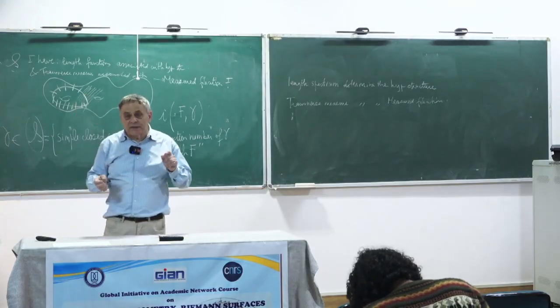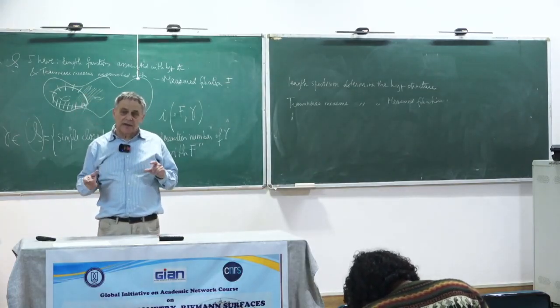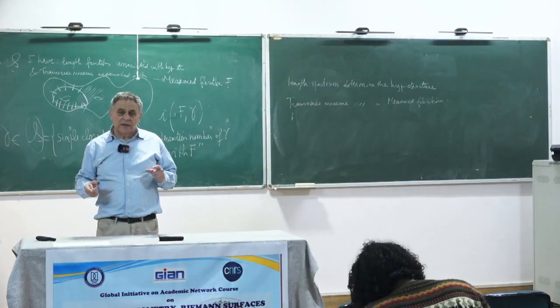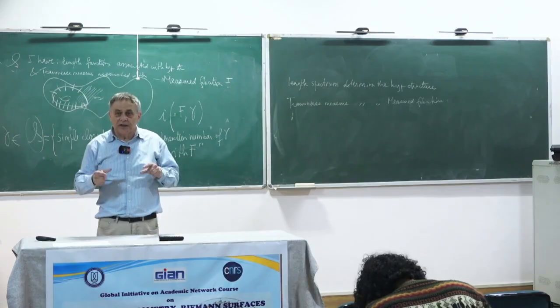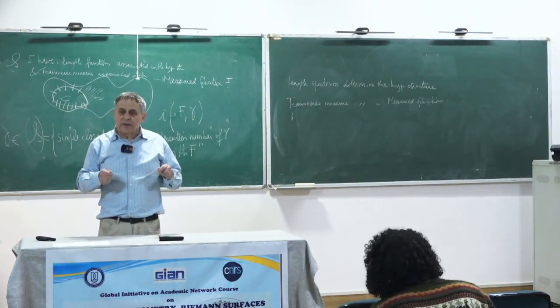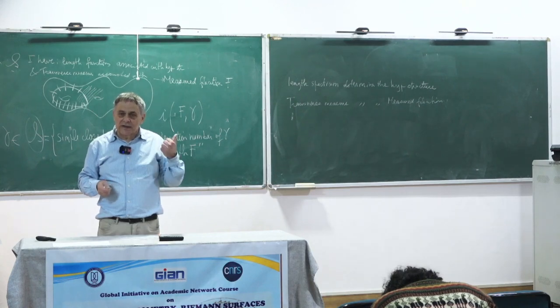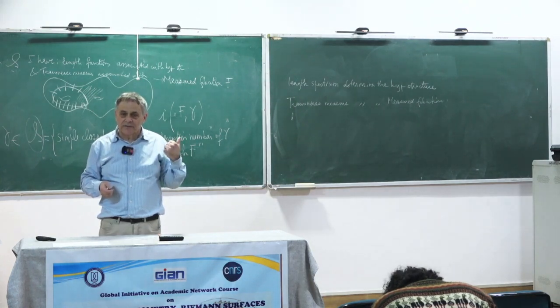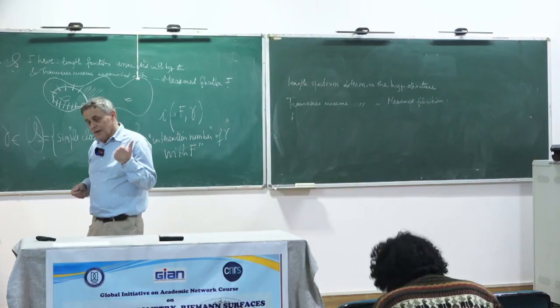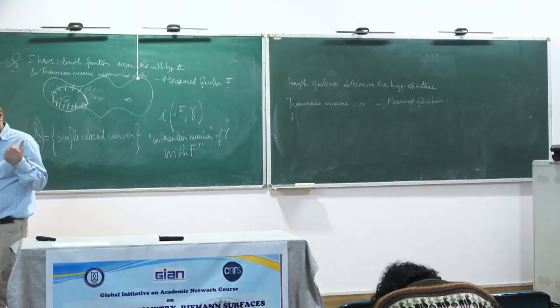And then you have the same questions as for hyperbolic structures. Given a measured foliation, to determine completely the measured foliation, how many transverse measures of curves do I need? The same question as we asked for the hyperbolic structures.